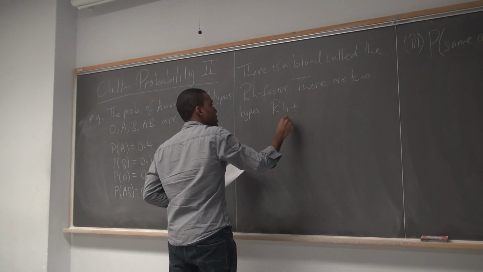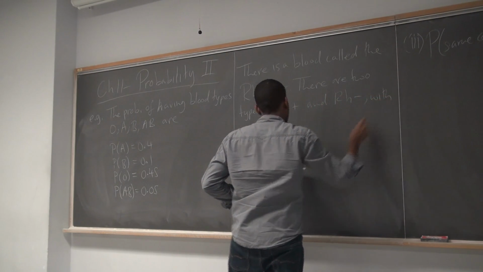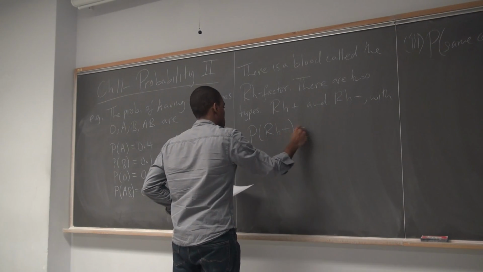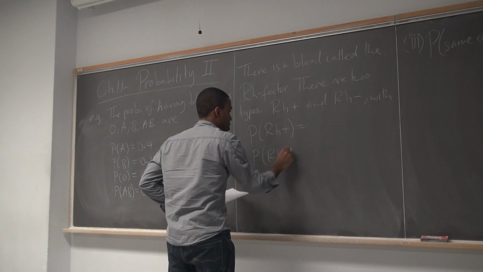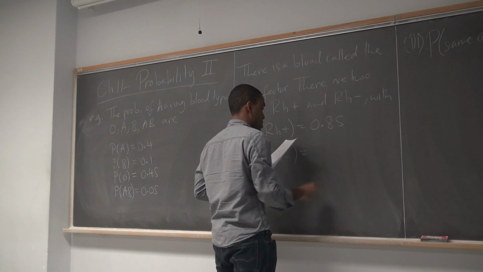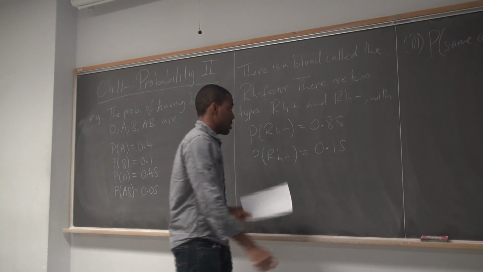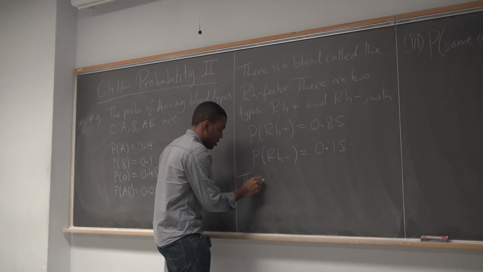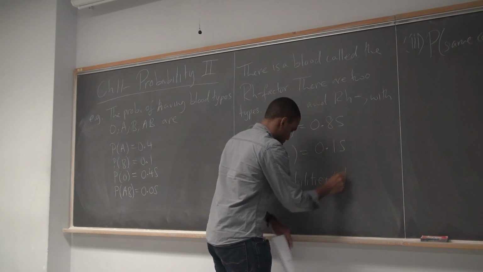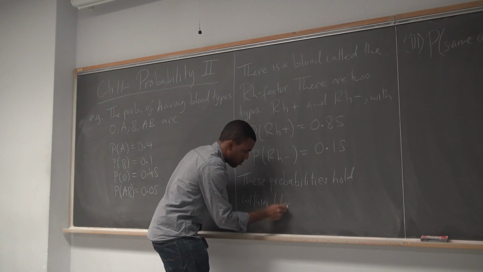There's Rh plus and Rh minus, with the probability of having this blood protein or that blood protein being, one is far more likely than the other, 0.85. The other is 0.15. And these probabilities hold within blood types.